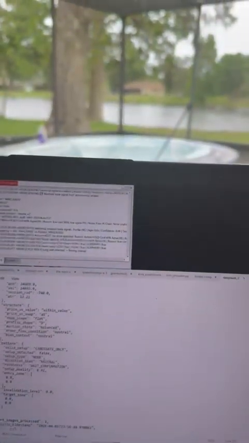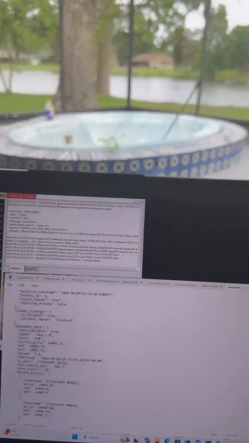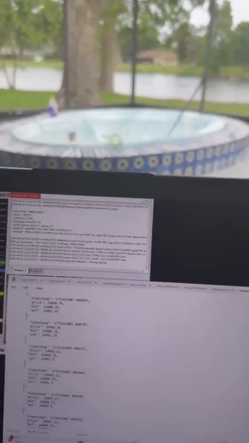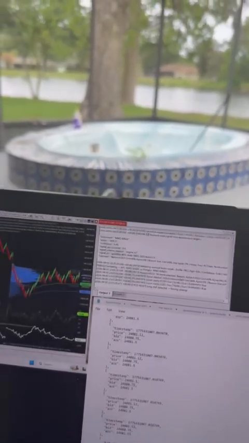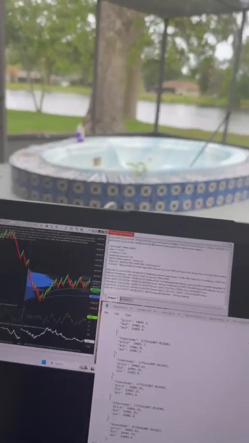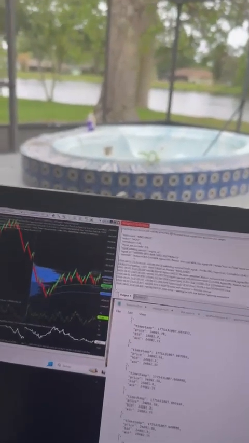So macro news shows there is nothing important today. What that means is, if there is no important macro news, it will give more bias to chart structure. So it will take the trades based on the chart structure.